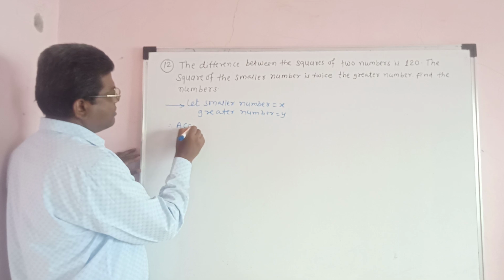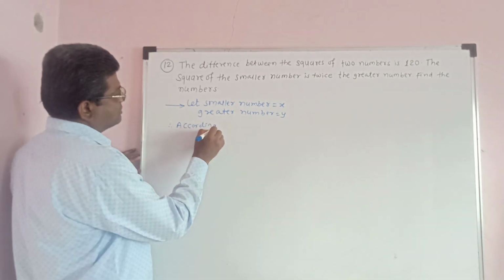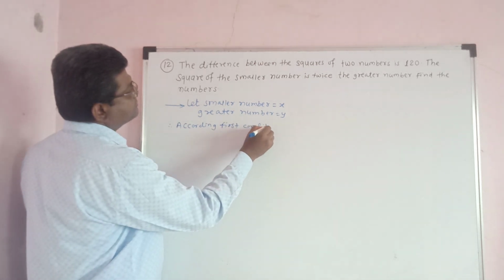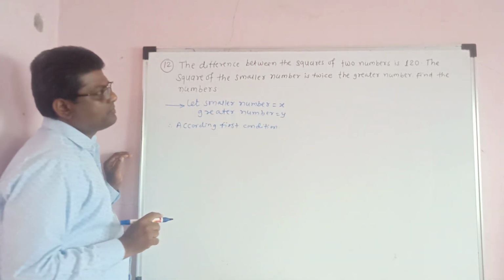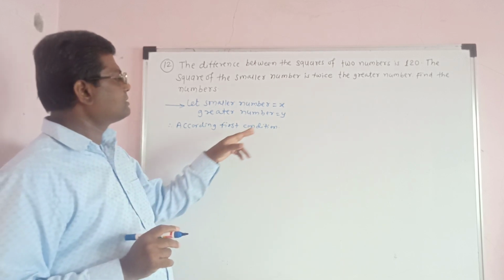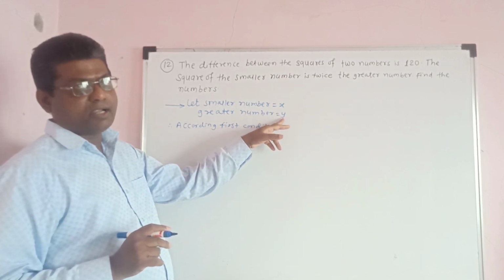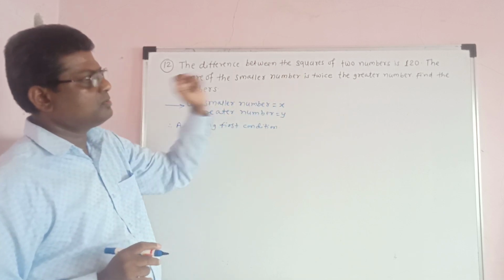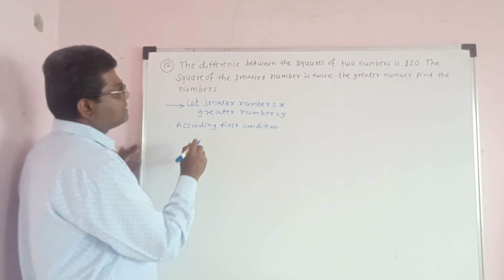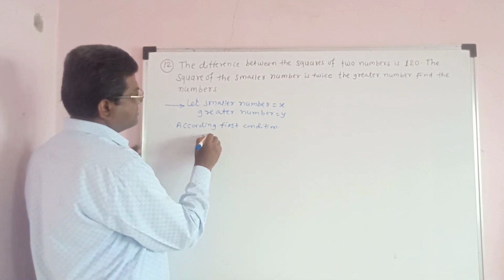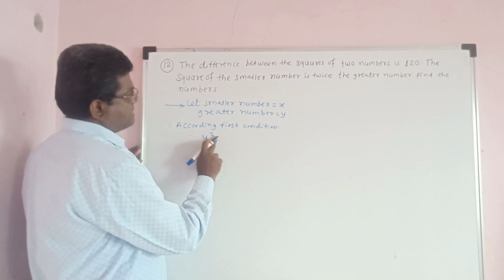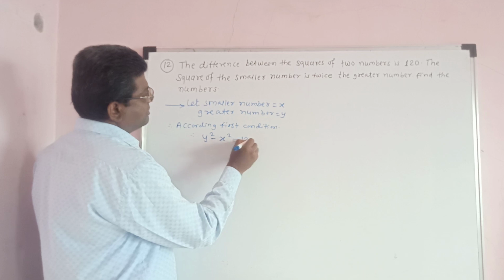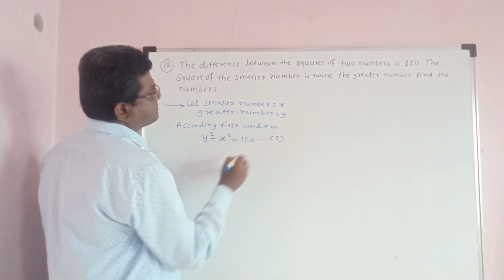Therefore we write, according to the first condition, the difference between the squares of two numbers, that is the square of the greater number minus the square of the smaller number, is equal to 120. Therefore y square minus x square is equal to 120. This is equation number 1.